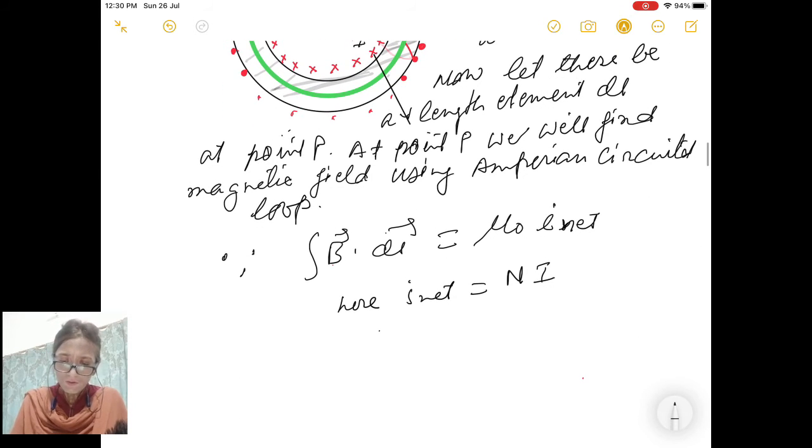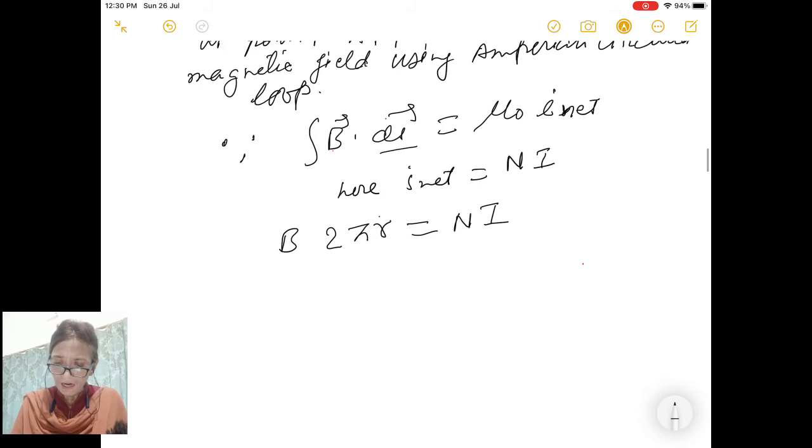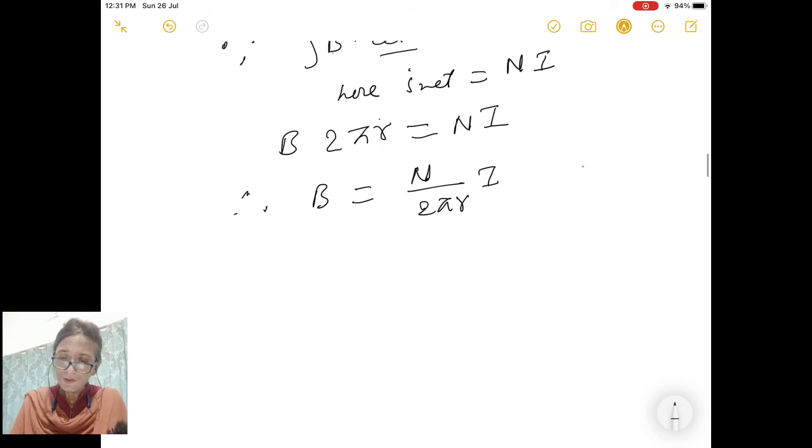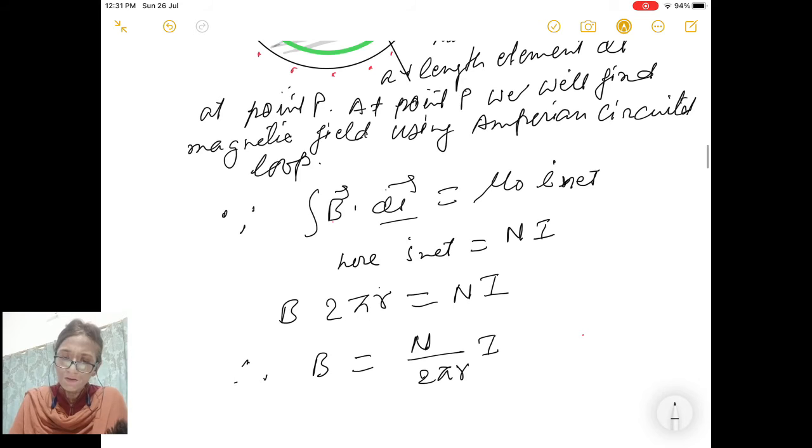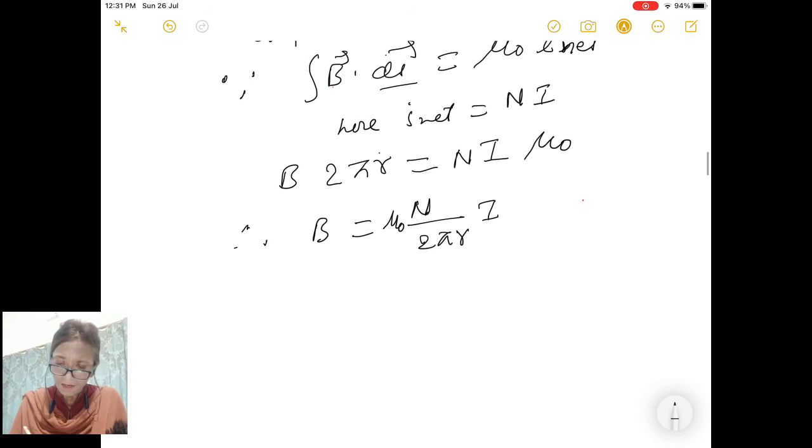Now when you integrate the dl length element, it will be equal to total circumference 2 pi r, and this is equal to N times I. Therefore B is equal to number of turns per unit length into I. Okay, here I have left mu naught times this much. Therefore B is equal to mu naught times small n I.